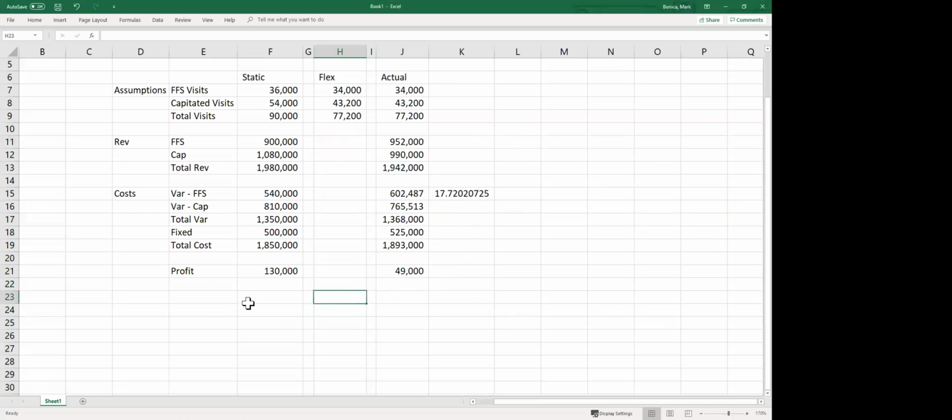So remember, flex, this column is the static column: volume expected times price expected.